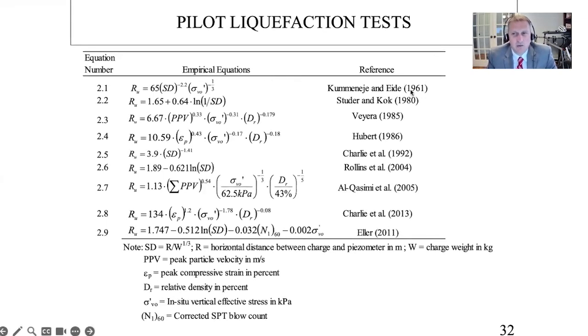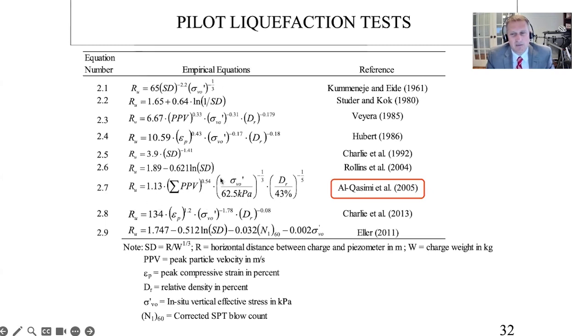And so, in a couple of these, you can see that there's a relative density term that factors in. On some of them, there's a vertical effective stress term. And so we wanted to evaluate how this is done and whether or not these equations need to be modified so that we can get the excess pore pressure that we want without overcharging the site that we have.